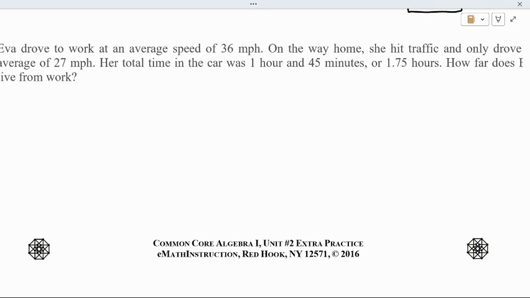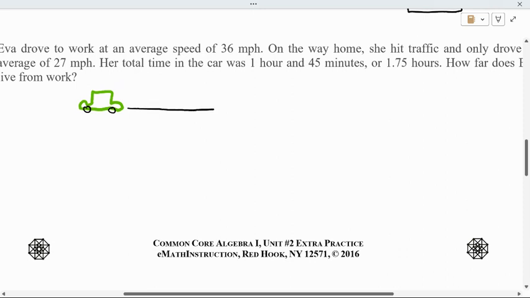So I'm going to kind of draw a picture, first of all. So maybe I'll start off with a little car. So here's my car. I know it's pretty sketchy looking, but she drives to work, and then she drives back to home. That's kind of how her trip goes, right?